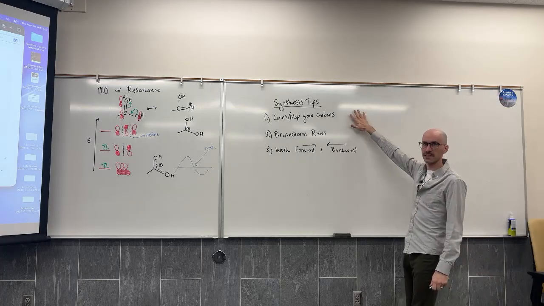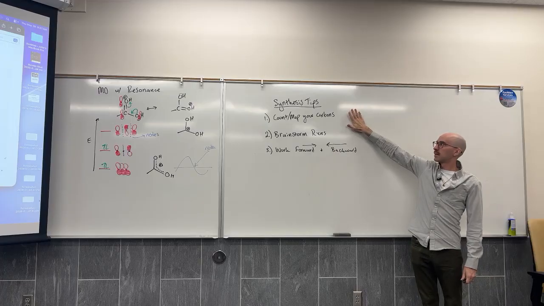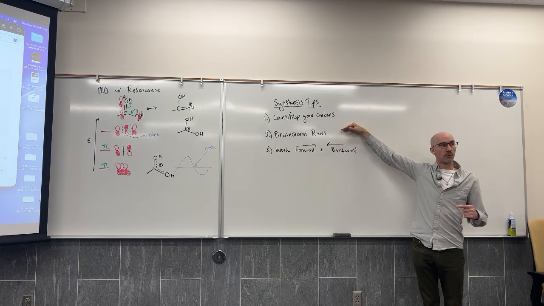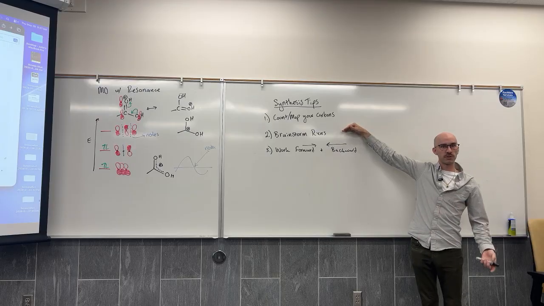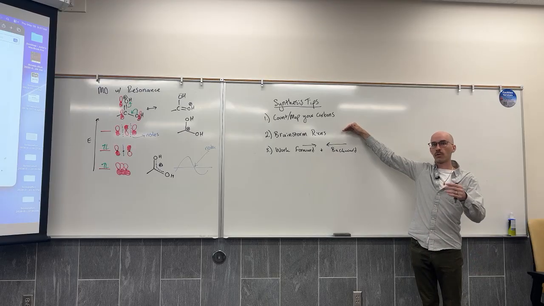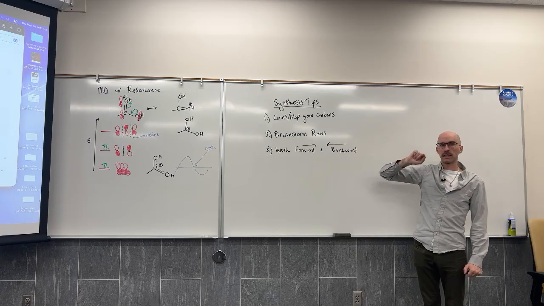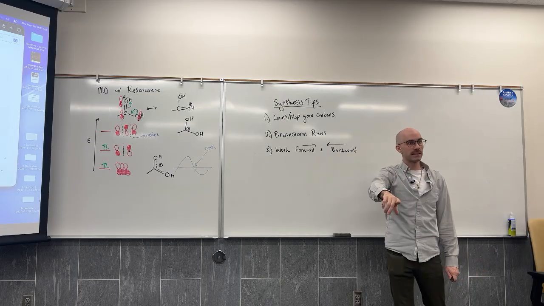Guys, some tips I give on synthesis, by the way. Map your carbons. Make sure you recognize whether you need to lose or add carbons. Brainstorm reactions. What functional groups do you see in the starting material? What reactions go with them? What functional groups do you see in the products? What reactions make them? And then work forward and backwards. Can you take your starting material and make something new?